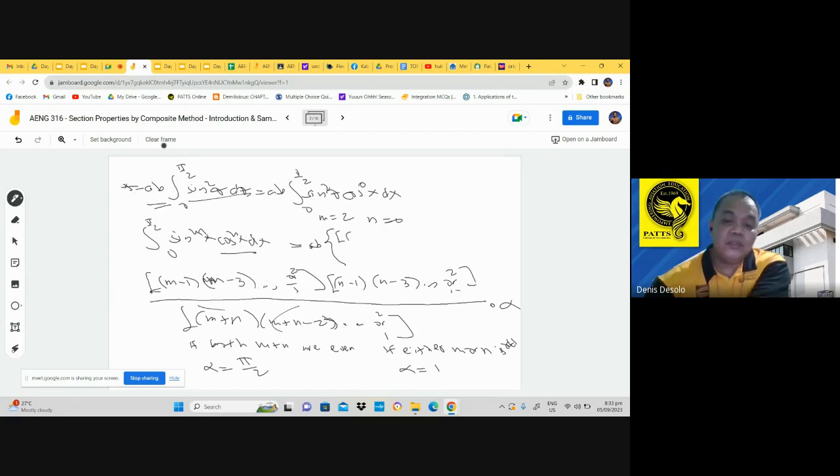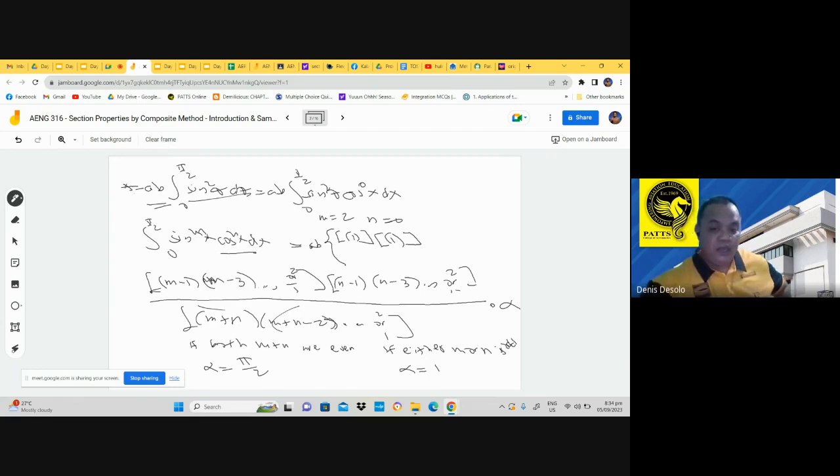In the numerator, we subtract the exponent of sine by 1. So this becomes 1. Since we already reached the factor with 1, we stop the factoring because that's the ending. Now for the exponent of cosine, n equals 0, that's where you disregard the process of factoring and simply replace everything by 1.